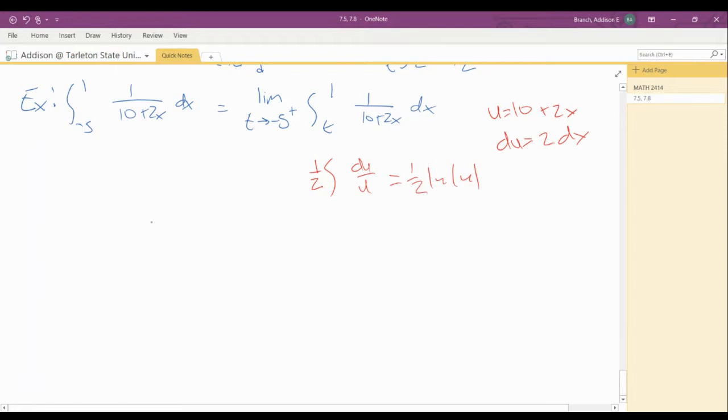So our final integral would be 1/2 times the natural log of the absolute value of 10 plus 2x plus c. And then we go ahead and plug in our bounds.